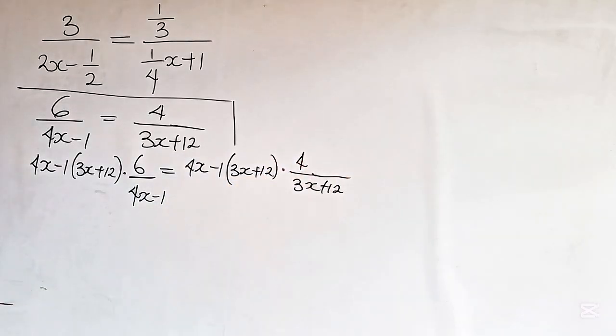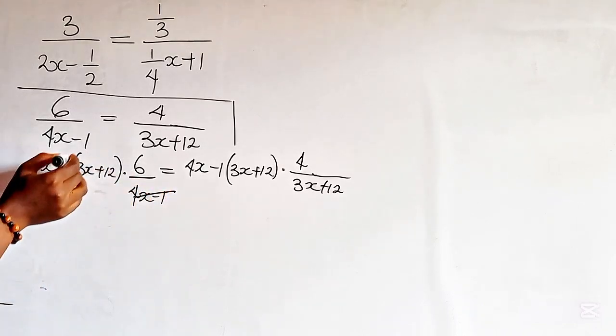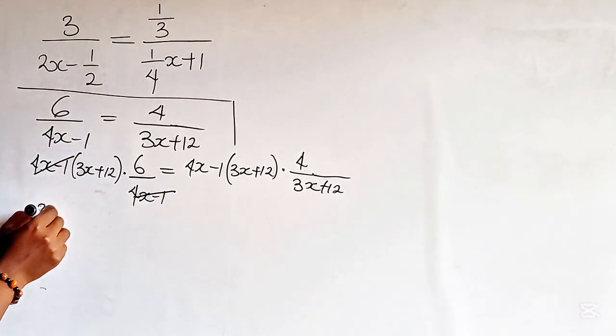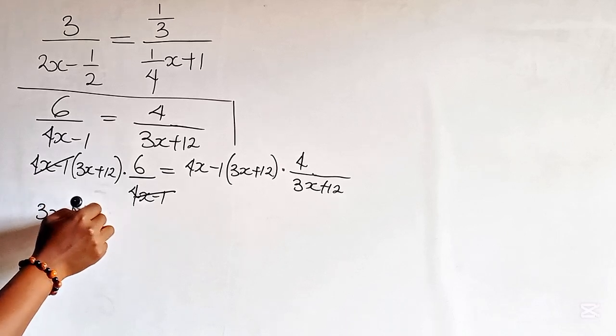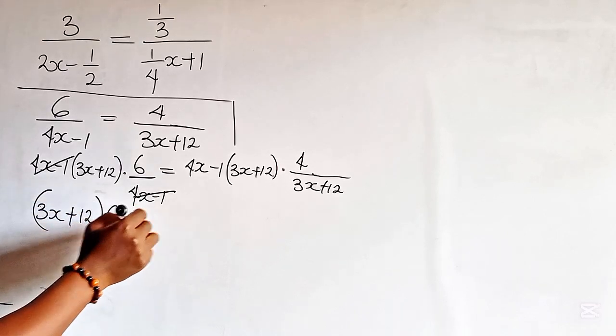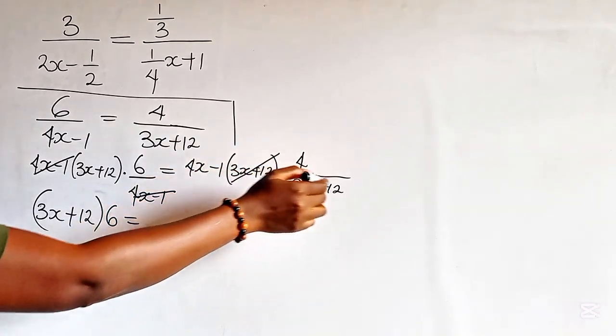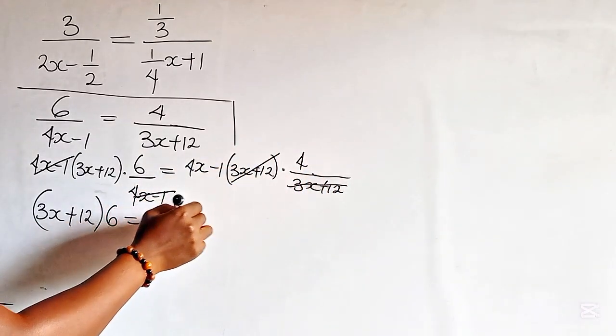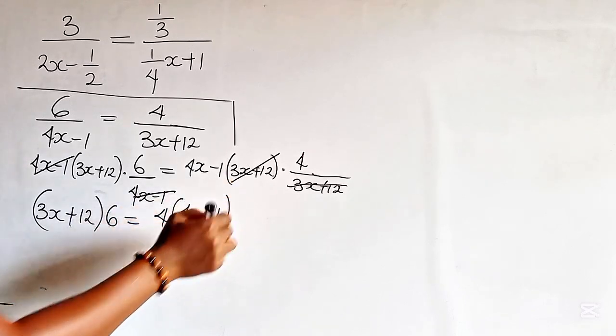I hope you understand what I've done here. So this 4x minus 1, we cancel out this 4x minus 1. So we have what's left as 3x plus 12 multiplying 6, right? Is equal to this 3x plus 12, we cancel out this 3x plus 12. So we have 4 multiplying 4x minus 1, right?